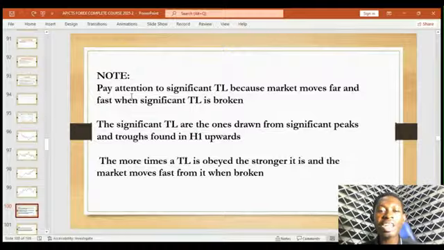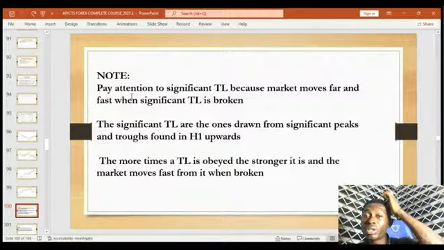Now, the significant trend lines are the ones drawn from significant peaks and troughs found on higher time frames, the 1 hour time frame and upwards. Okay, these are the things I need you to take notice of.